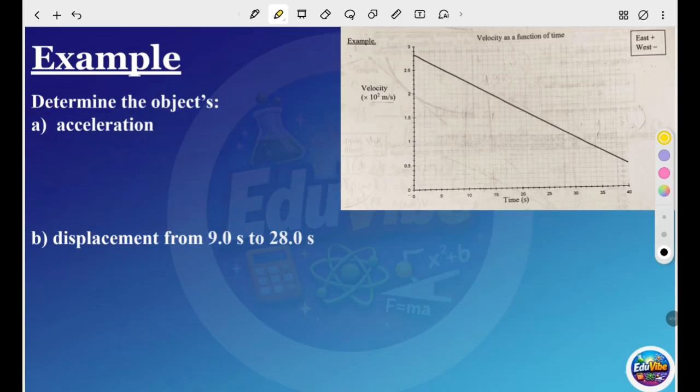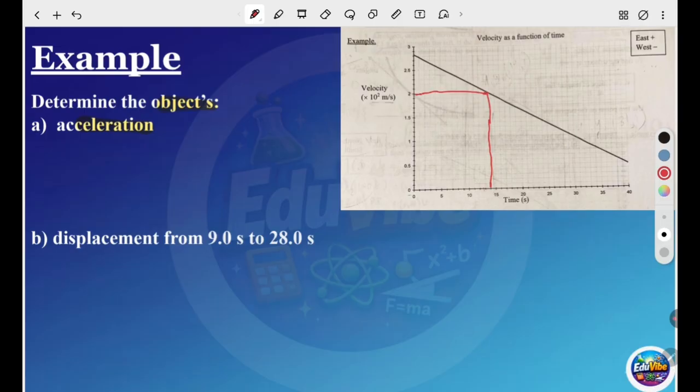So let's deal with this example. Firstly, we have to determine the object's acceleration. We know there is a straight line graph, so we want exact points from which we can calculate this. Here you have 14, and from here you get the value of 2, which is an easy point to calculate.